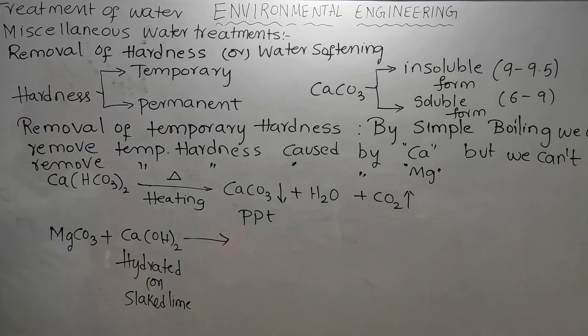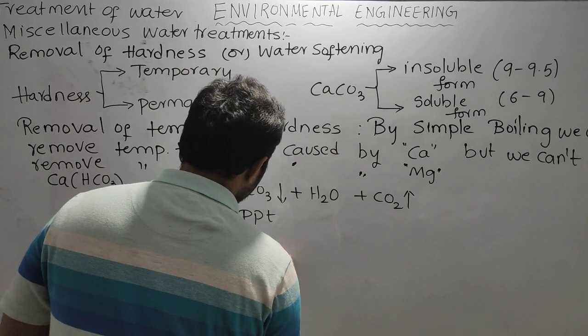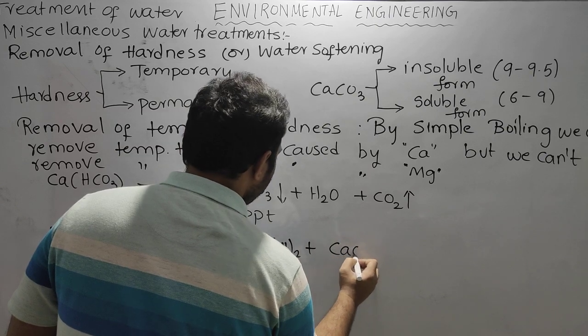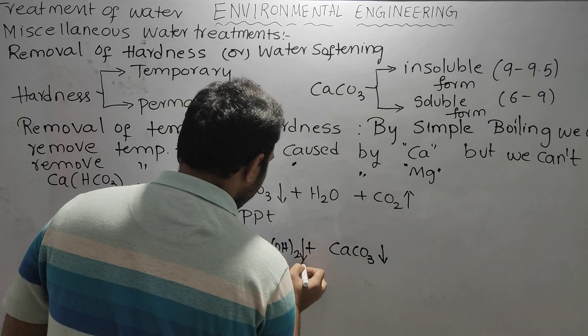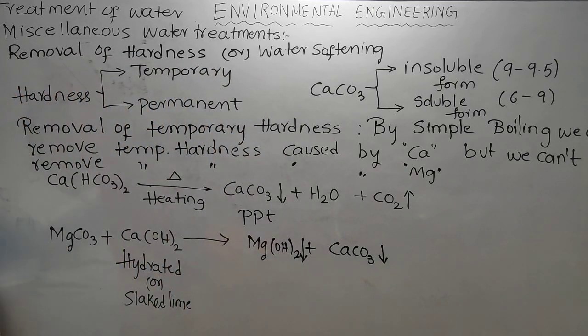If you use this hydrated or slaked lime, it will form Mg(OH)2 plus CaCO3. CaCO3 is a precipitate and Mg(OH)2 is also a precipitate.